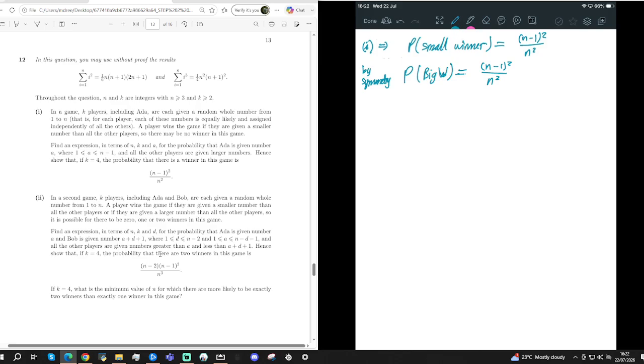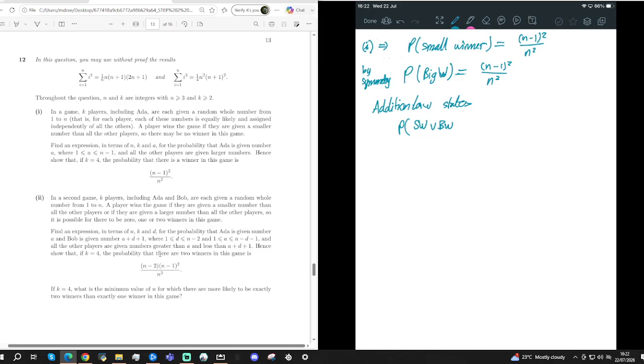Now I can't just add these two together. Adding these two together would double count the middle section. And there's actually a rule for this. This is the addition law. It states the probability of being a small winner or a big winner, which is what I want, to have exactly one.